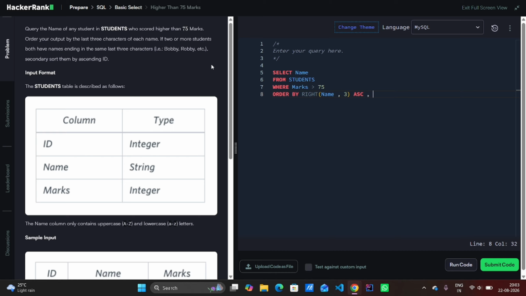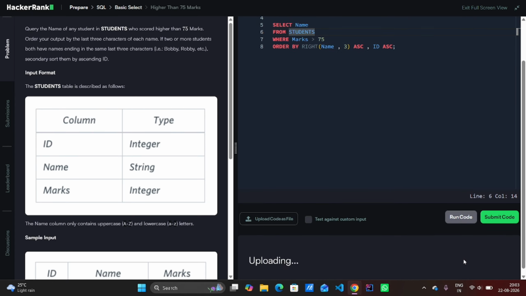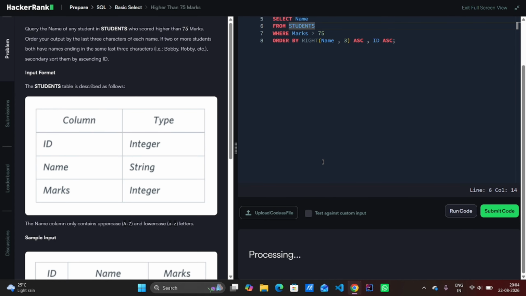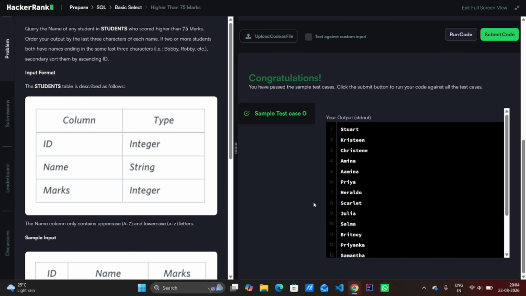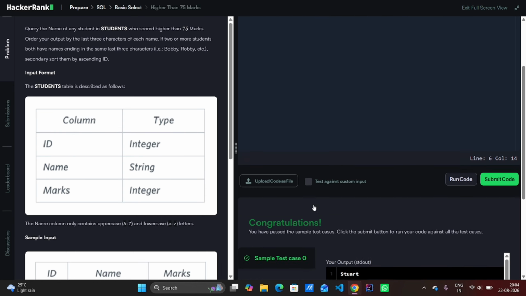And it is mentioned that if the last three characters are the same, then we should sort them according to their IDs. So ID in ascending order. Let's try to run it once. Okay, we got all the test cases passed.